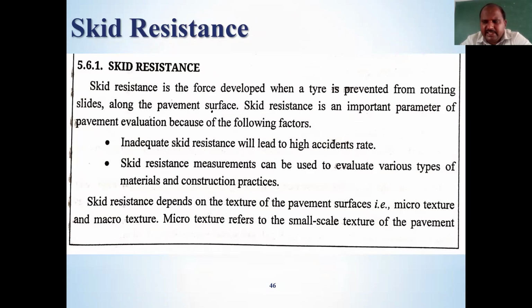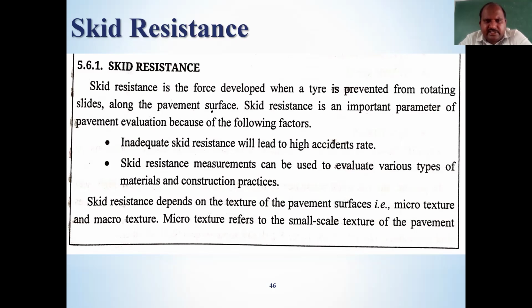So the next topic is skid resistance. Skid resistance is the force developed when a tire is prevented from rotating and slides along the pavement surface. The skid resistance is an important parameter of pavement evaluation because of the following factors. Inadequate skid resistance will lead to high accident rates.